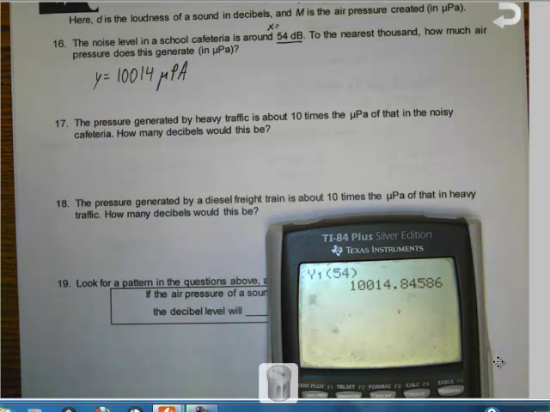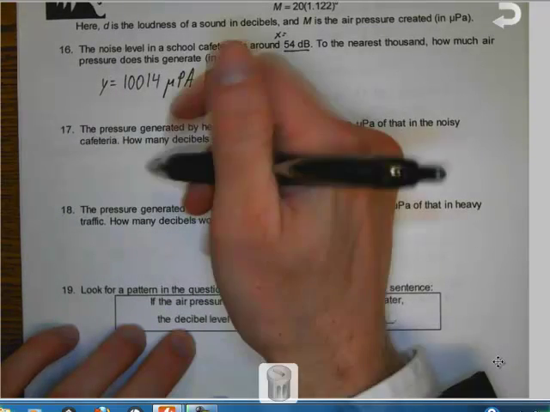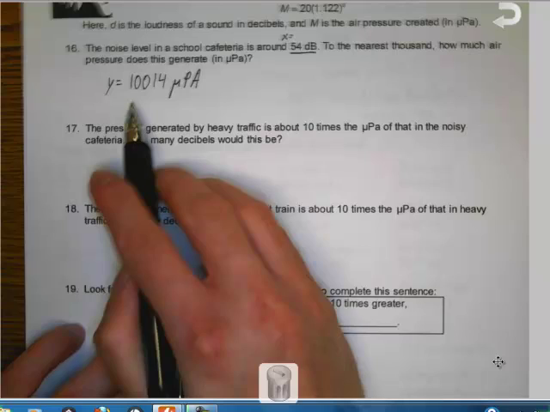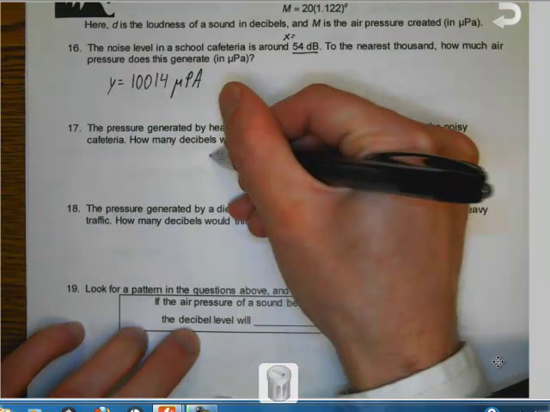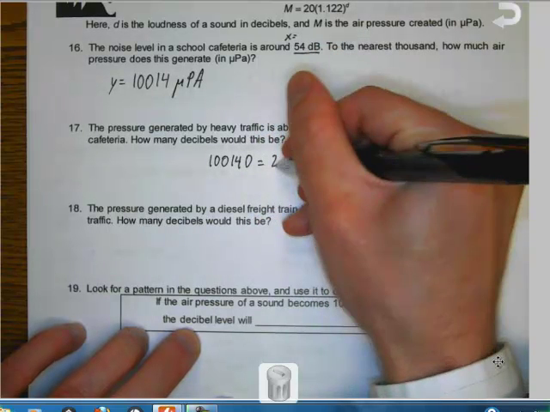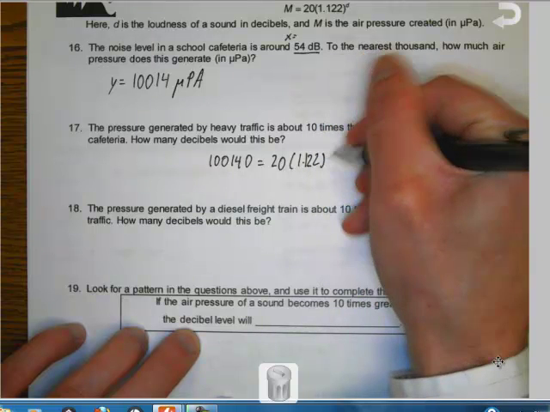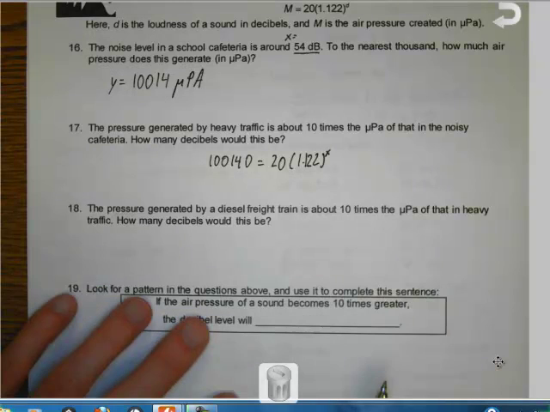Next one, it said the pressure generated by heavy traffic is about 10 times the micropascals of that generated in a noisy cafeteria. How many decibels would that be? Well, what we would do is take our previous answer from 16 and multiply it by 10. So you have 100,140 is equal to 20 times 1.122 to the x.